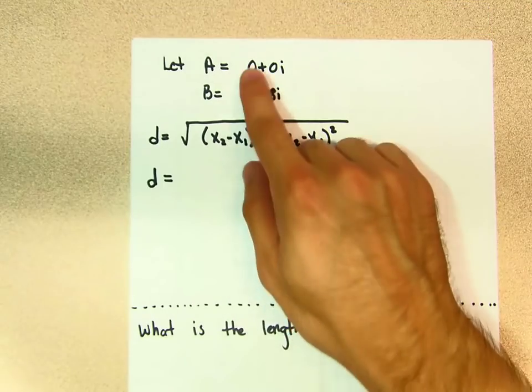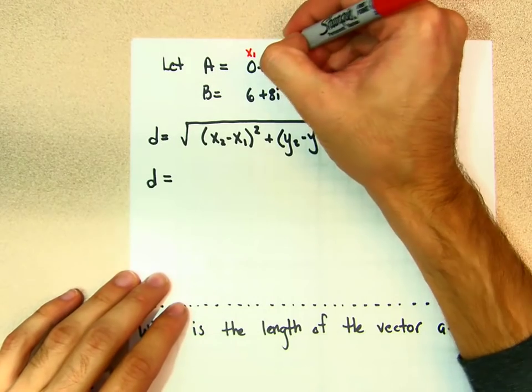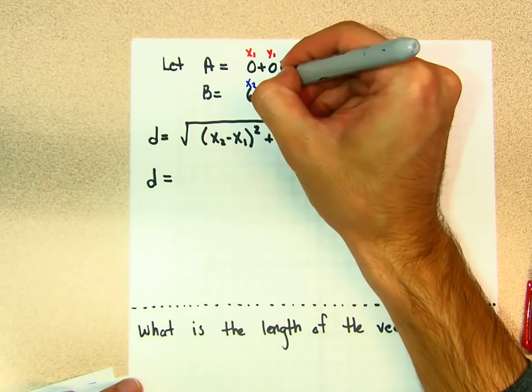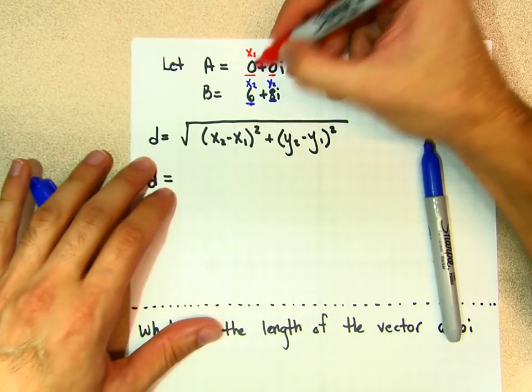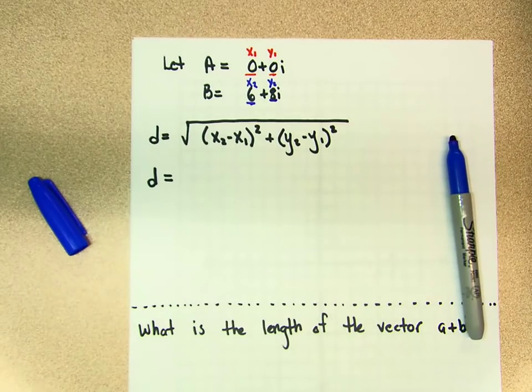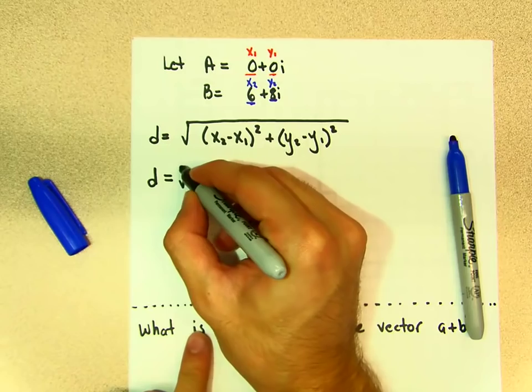If this is my A and this is my B, again, this is my x sub 1, y sub 1. This is my x sub 2, y sub 2, right? It's right here. And let me just underline it again. We're literally going to substitute these numbers in here. So if I take my formula, this is it. Let's just follow the symbols.